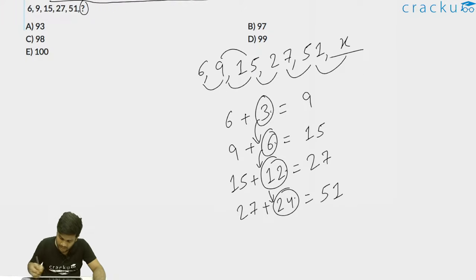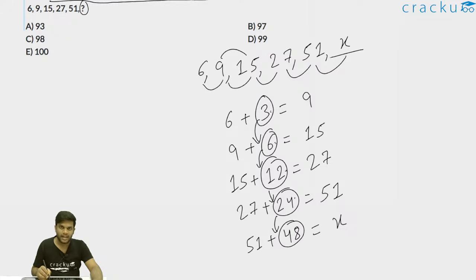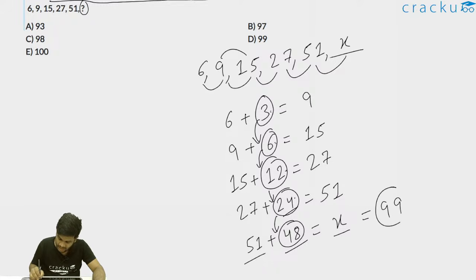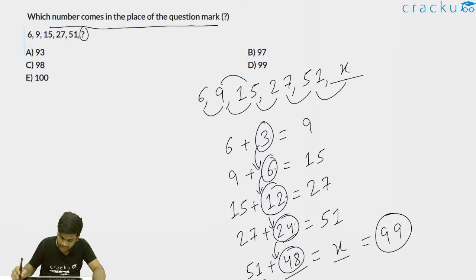So that means whatever our next term will be, we should add 48 to 51 to get our next term, which is X. Because 48 is obtained by multiplying 24 by 2. And we will add this 48 to 51. So from here we get X as 99. So our answer is option number D, which is 99.